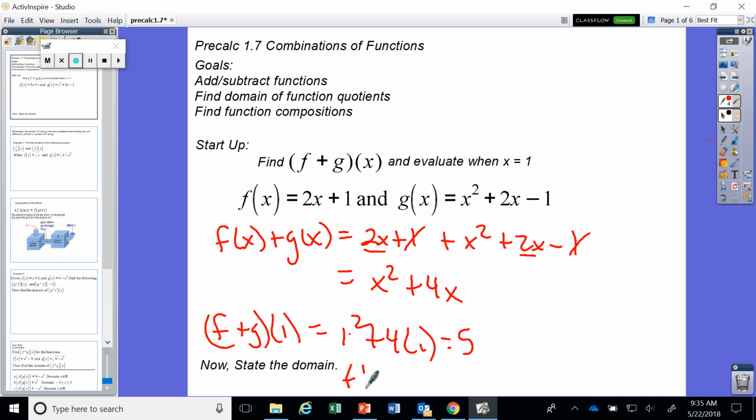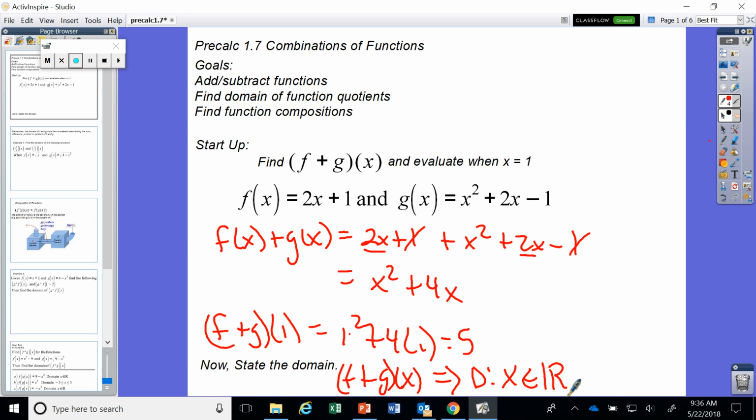Hopefully you understand that when you added these together, you get x squared plus 4x. That gives us no restrictions on x squared plus 4x. So in this case, the domain is the set of all real numbers.